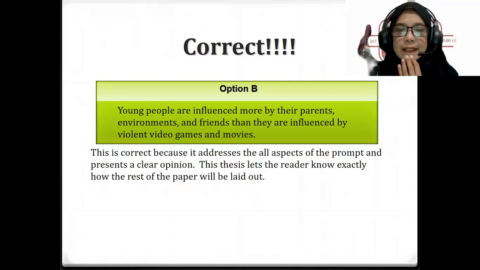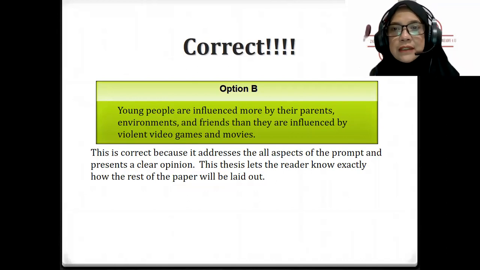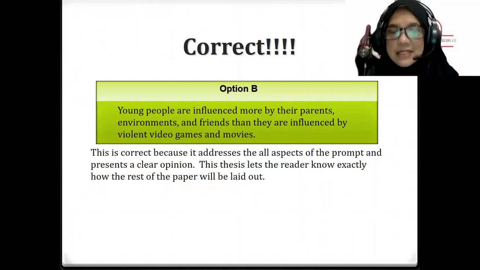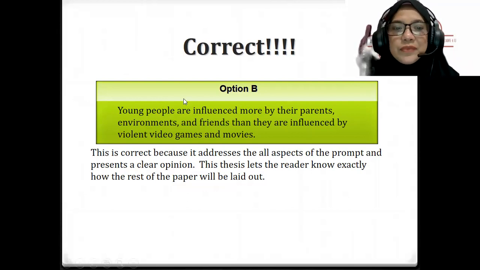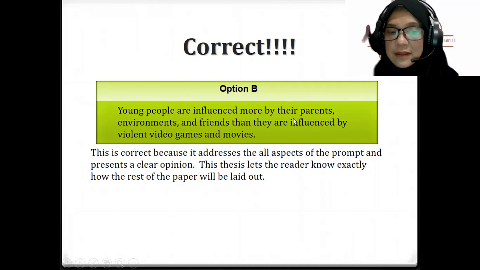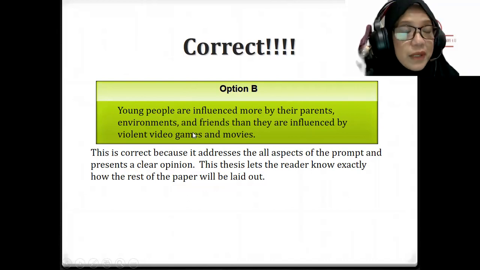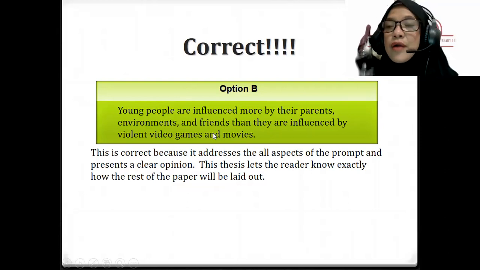Remember? The thesis statement leads you to what is in the body of your essay, right? From this sentence, I expect you to write on parents first, then environment, and lastly, friends before you write your conclusion.